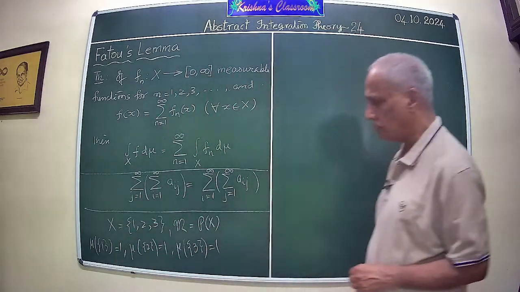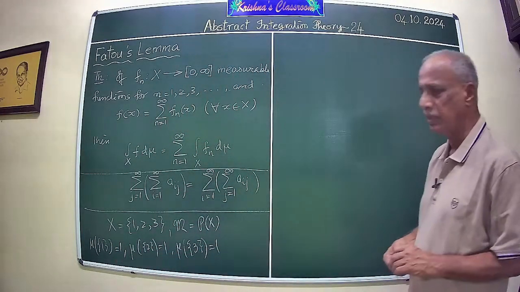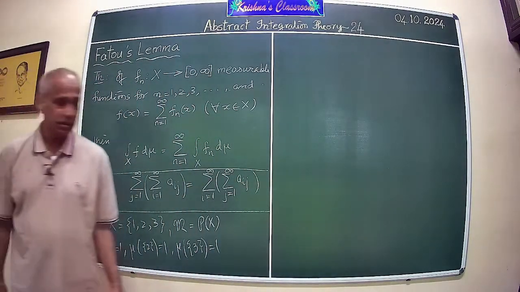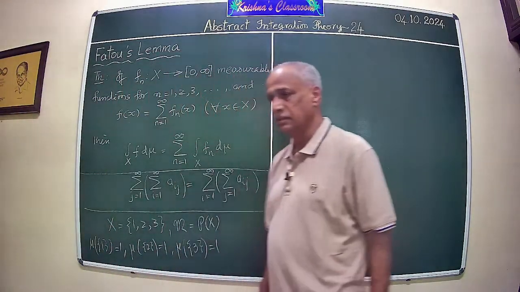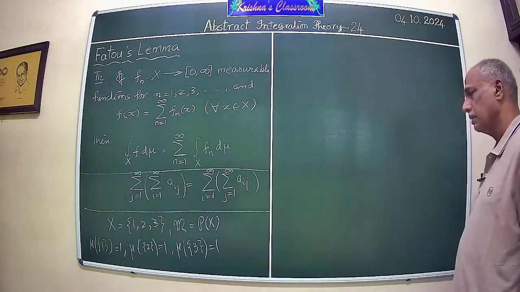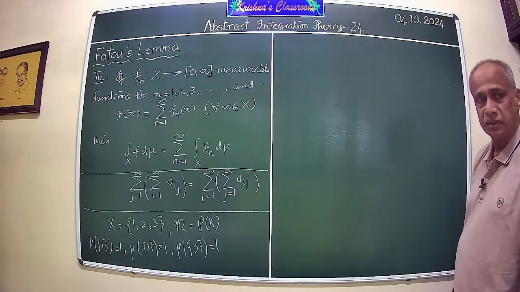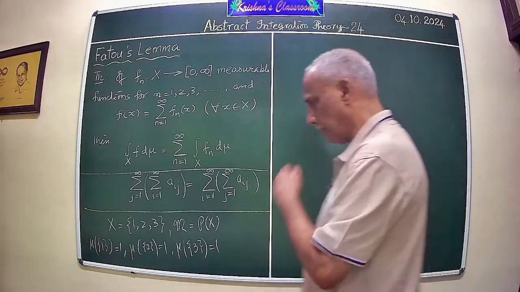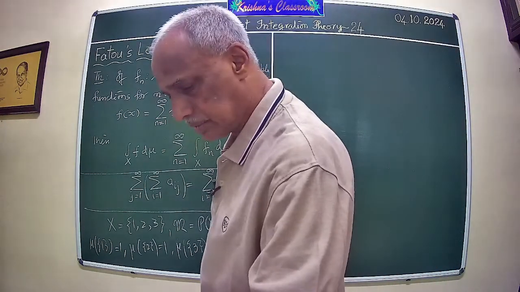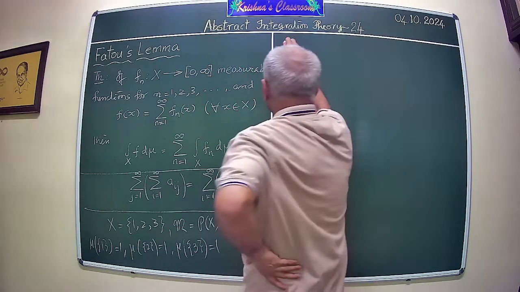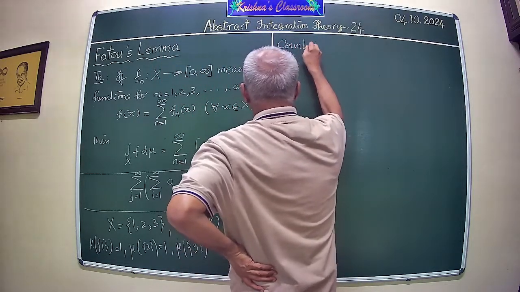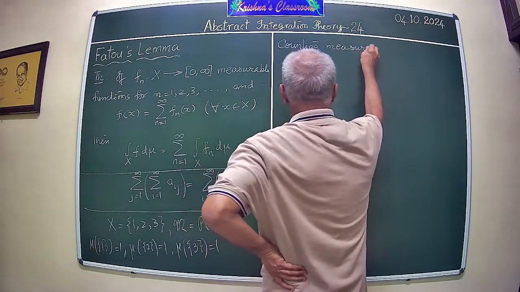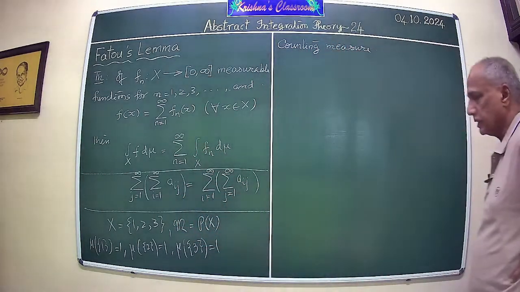That means what we are doing is we are just giving the counting measure. So when you take the union of, or take any subset of that, the measure of the subset will be equal to the number of elements in that set. So this is what is called the counting measure.